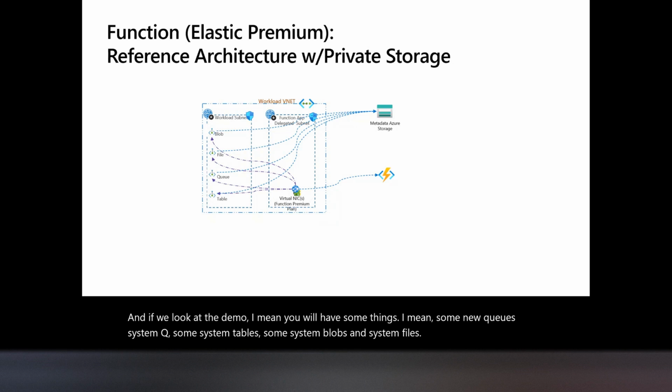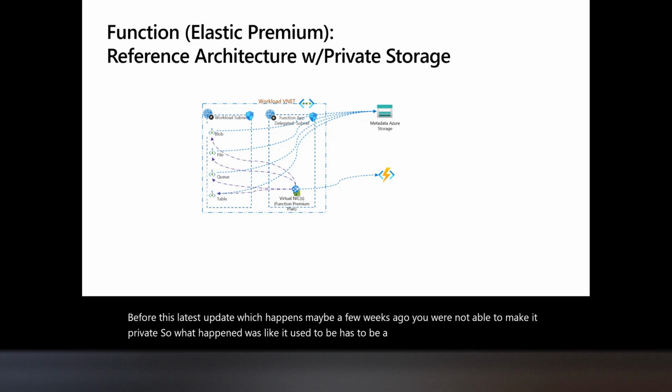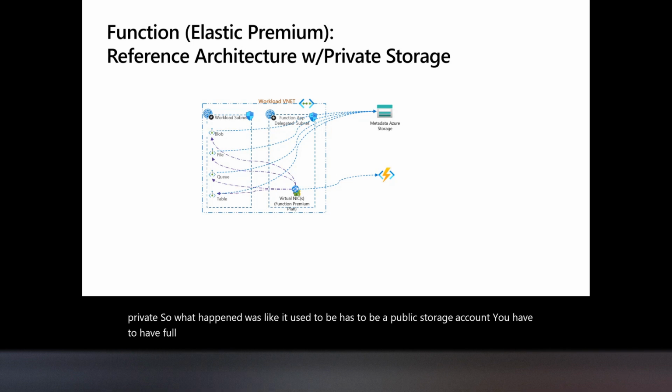Before this latest update, which happened maybe a few weeks ago, you were not able to make it private. It had to be a public storage account. You had to have full access to that storage account, and you could not make it private.